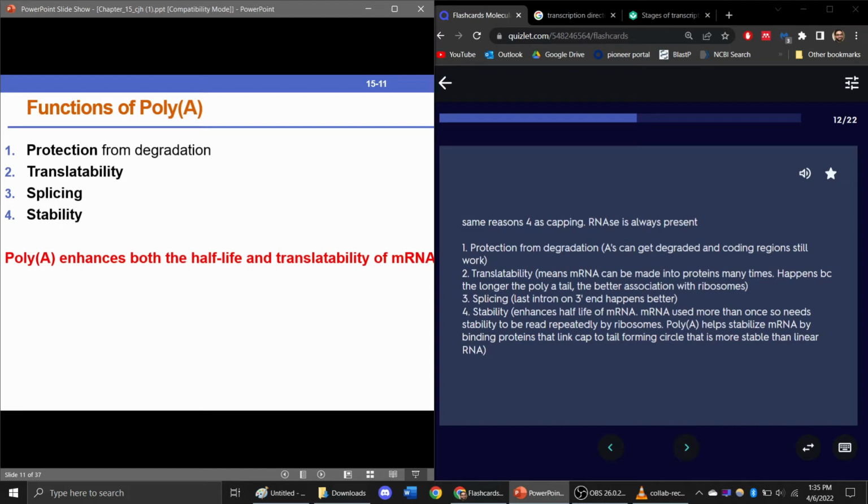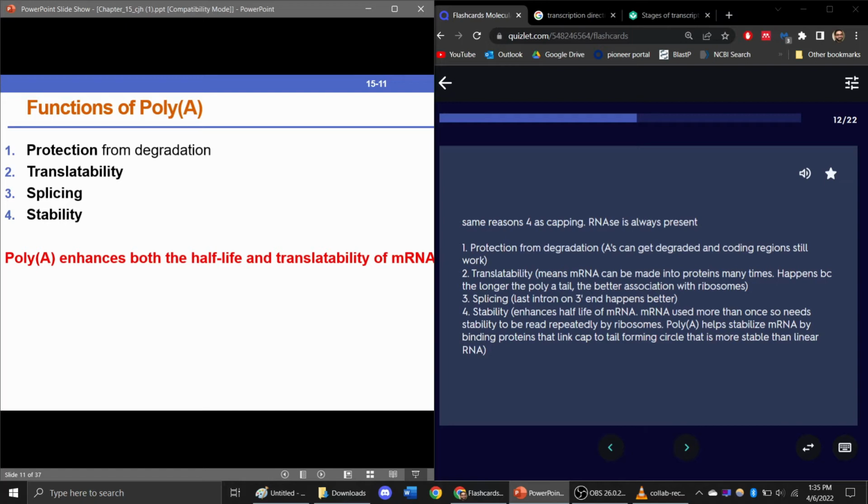And stability, pretty much said that. It seems kind of redundant, protection from degradation and stability. To give more lip service to that aspect of it, it enhances what you could say is the half-life of mRNA. It can be used repeatedly by the ribosomes.